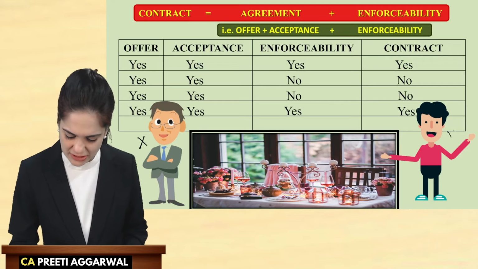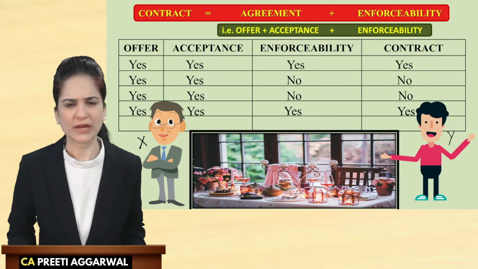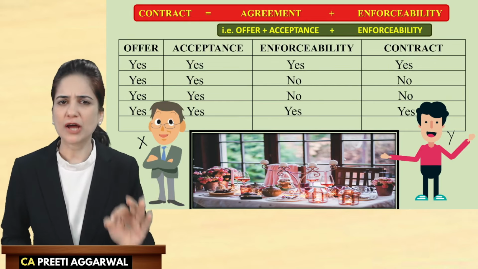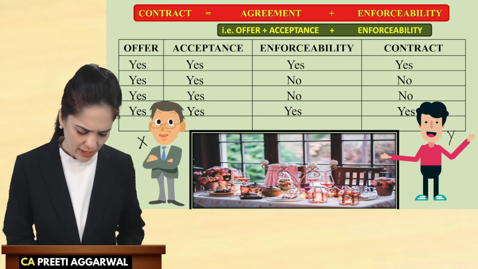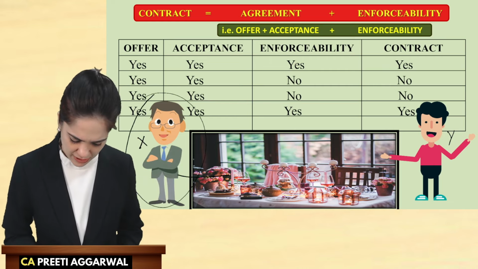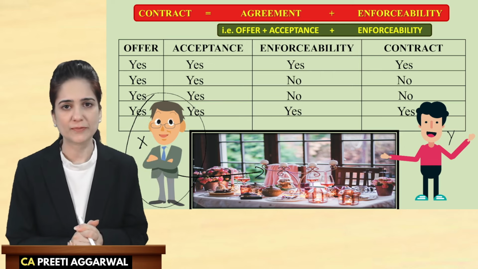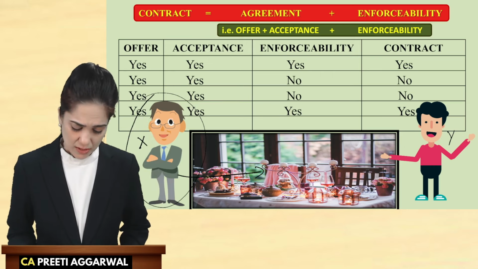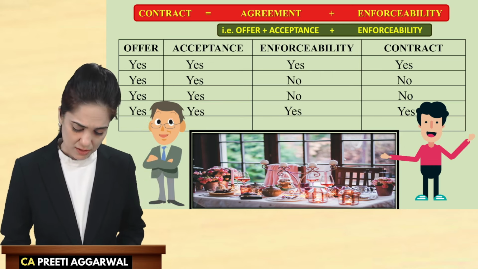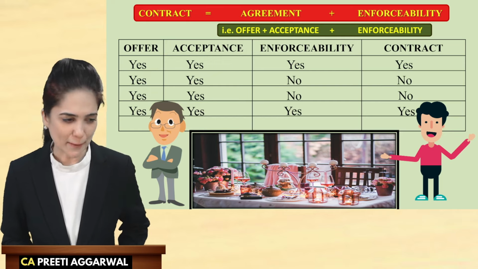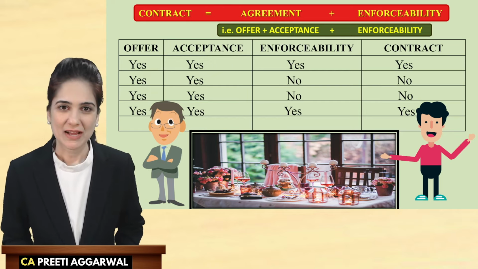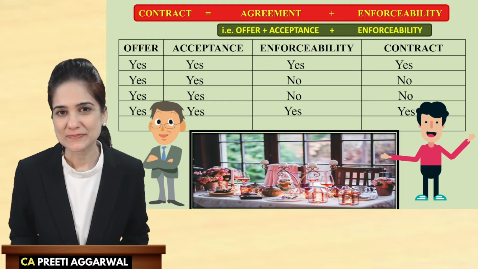X invited Y for dinner and Y confirmed, I will come sharp 8 o'clock. So X made all the arrangements. He arranged for high quality of food. He created an ambience, etc. But Y did not turn up. Now, was there offer?